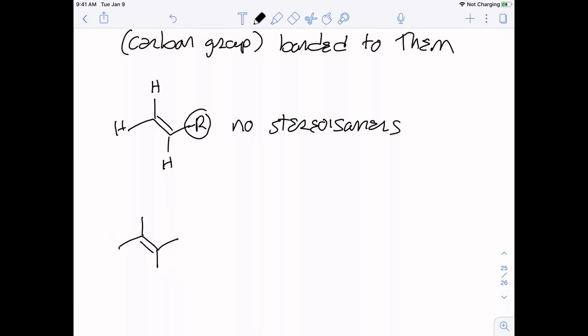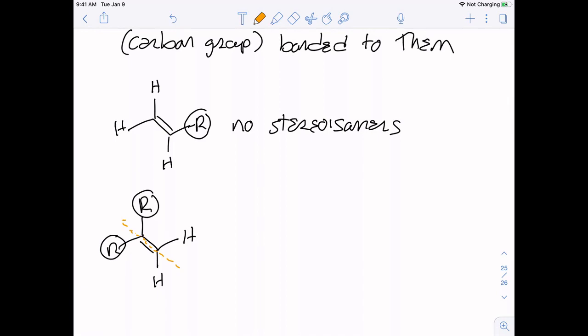So double bond. If I put them on the same carbon, when I'm doing cis trans, what I'm doing is I'm looking down, basically drawing a line where this double bond is, and I'm looking to say, are those two groups opposite of each other or on the same side? And these guys are on the same carbon. So I'm not going to have cis trans stereoisomers for this one.